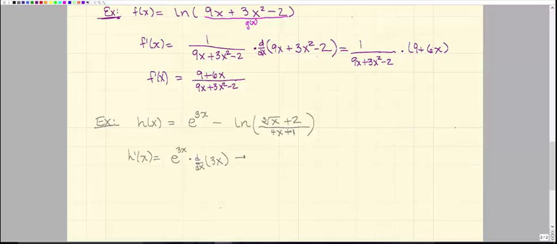And then to do the derivative of the natural logarithm of a function, it should be 1 over whatever was inside. So 1 over the cube root of x plus 2 divided by 4x plus 1. But then that has to get multiplied by the derivative of that part that was inside the logarithm. So in the first bit, this isn't hard. We get e to the 3x times 3.